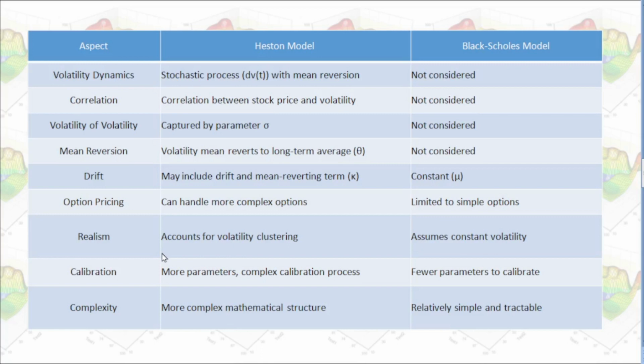When you calibrate those 2 models, Heston model needs more parameters, so the calibration process is more complicated. But Black Scholes model has fewer parameters to calibrate. Of course, Heston model has more complex mathematical structure, and Black Scholes model is relatively simple and tractable.